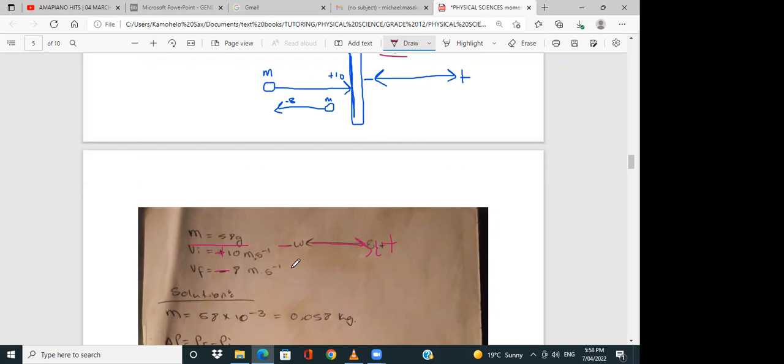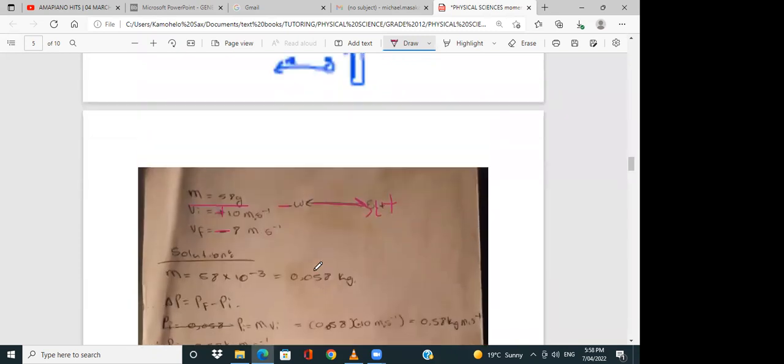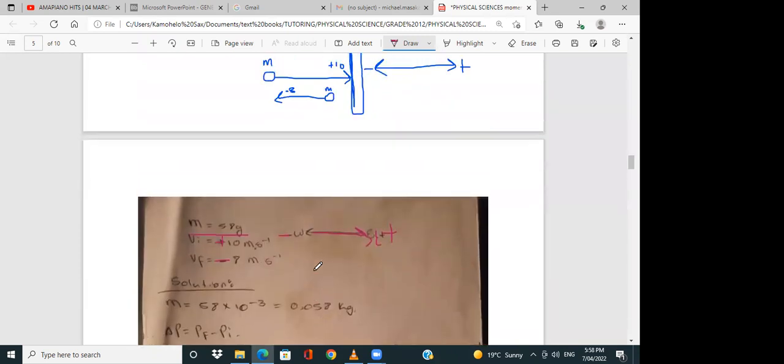Now, what do we do? What did I say about mass? You always convert your mass. If they give you your mass in grams, always convert it into kilograms.